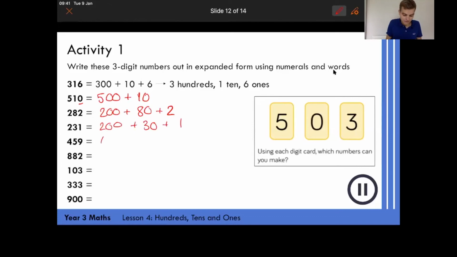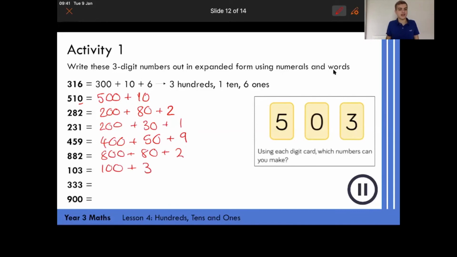So look, 400, add 50, add 9. 4 hundreds, add 5 tens, add 9 ones. 882, I've got 800, add 80, add 2. 8 hundreds, add 8 tens, add 2 ones. 103, I've got 100, got no tens, and 3 ones.